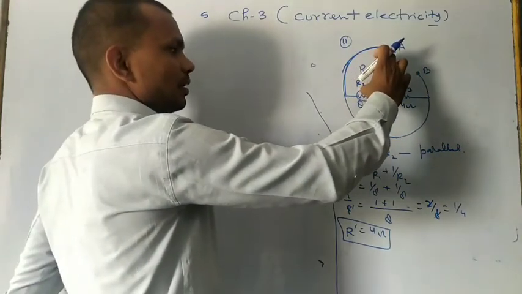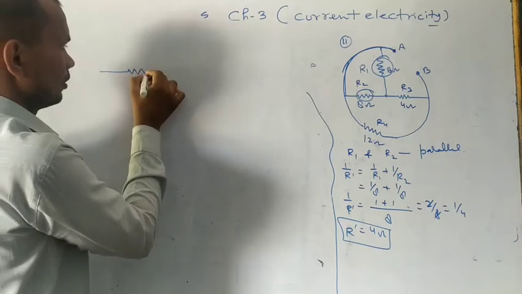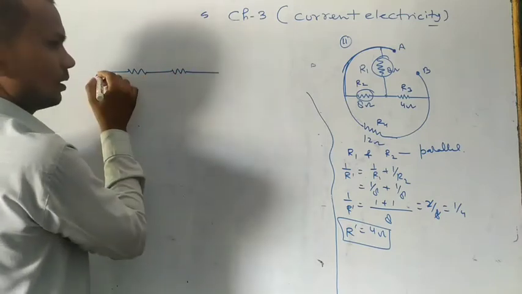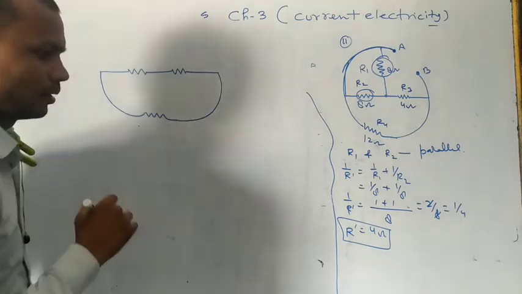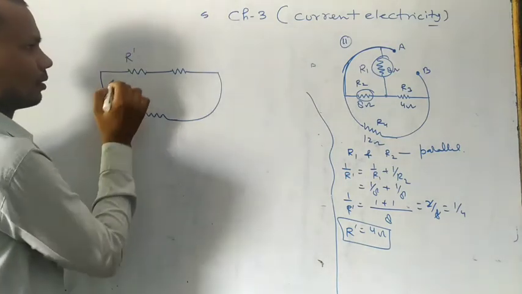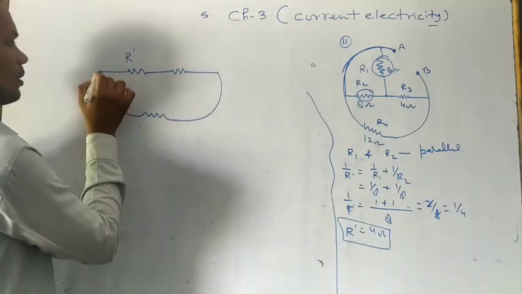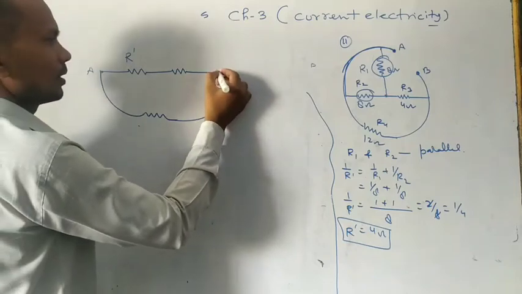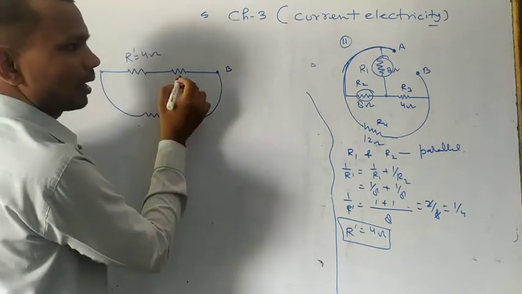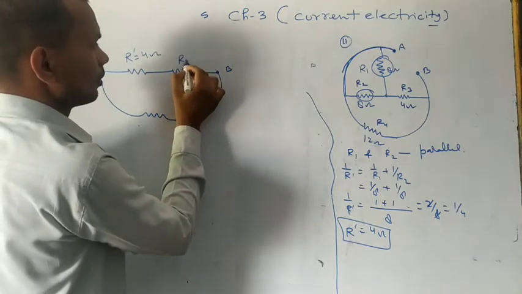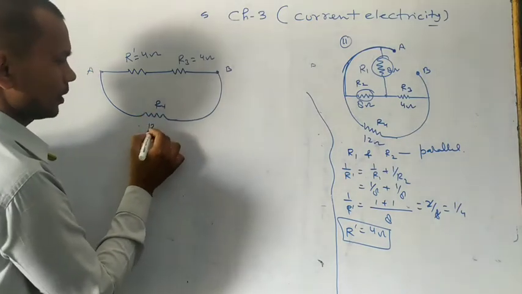Now this and this resistance are combined, and in the downside one resistance is here. This is R dash, and at this point this is A, and at another point, suppose this is B. R dash we calculated as 4 ohm, R3 is 4 ohm, and R4 is 12 ohm, right?